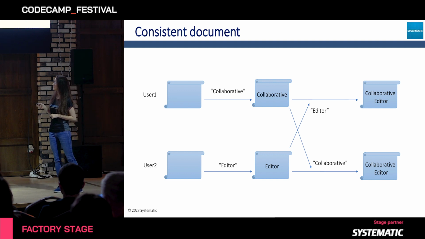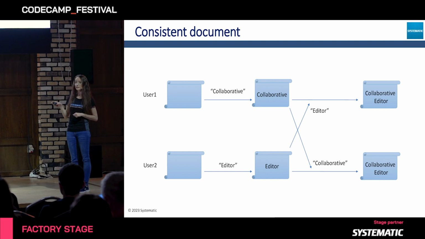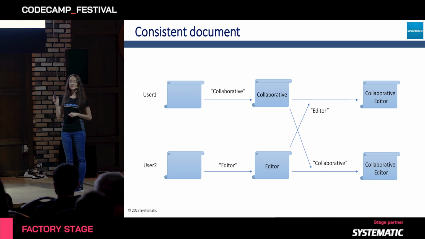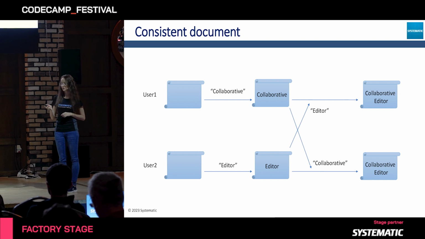Let's assume that user 2 types a different text, "editor", in their own local copy. We want the system to act the same way, be consistent and keep the user's intent, so we need "editor" to appear in the final copy of the text document in the local browser of the user. But what happens if they are working on the same document? Eventually these two changes have to be merged.